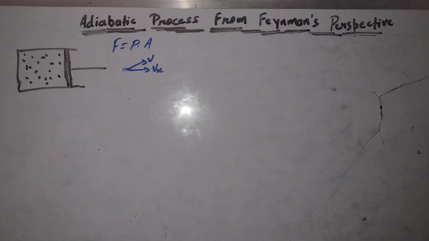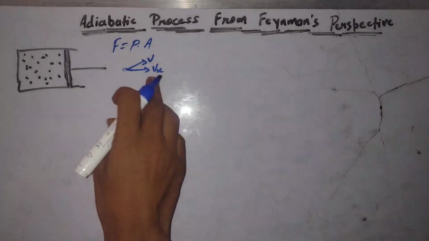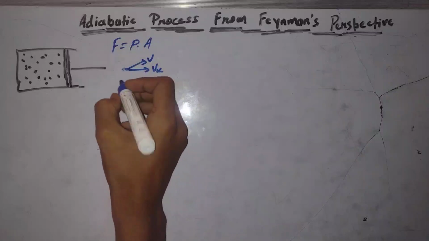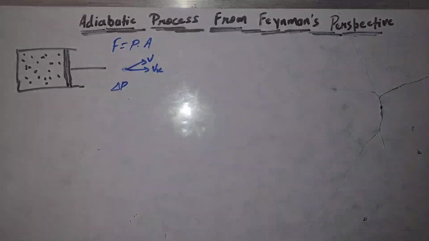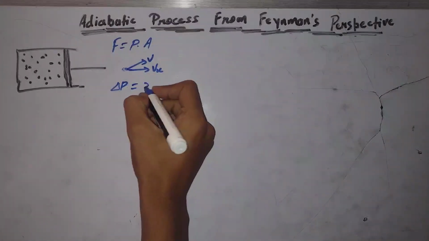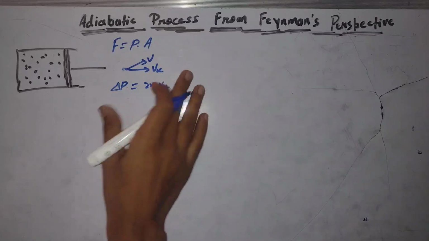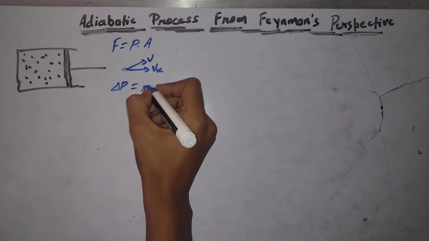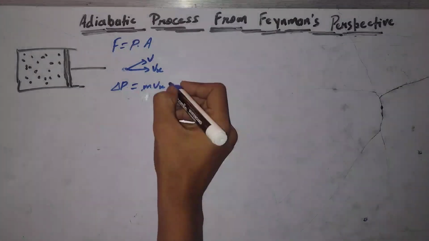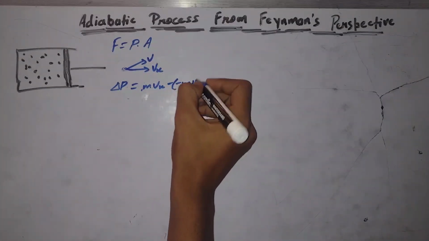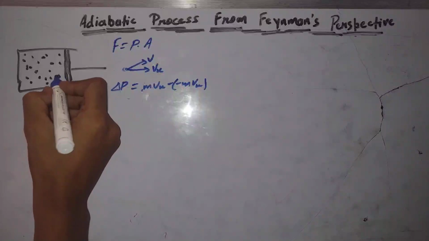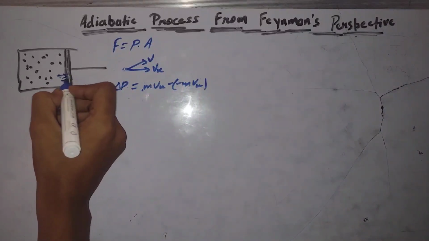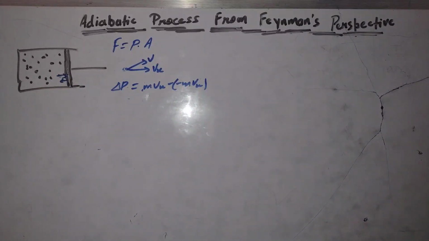Okay, so the change in momentum would be 2mvx. Let me write it more clearly. The change in momentum is mvx minus (minus mvx), because after collision the molecules go back in the opposite direction.